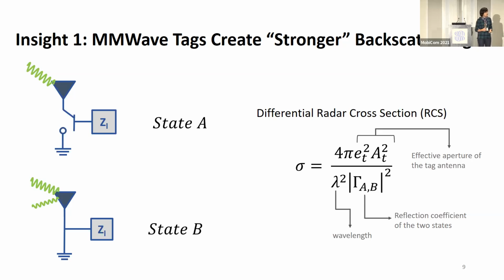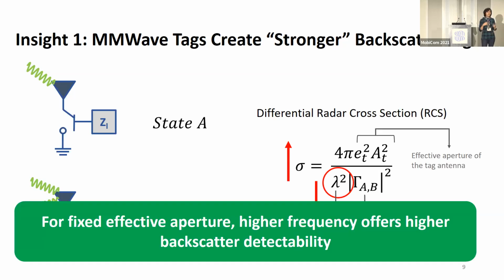If you look at the formulation for differential RCS, you see that it's inversely proportional to the wavelength, meaning that if we can keep everything else in this formula fixed by just going to higher frequencies, like smaller wavelengths, we can actually increase the tag detectability. So at least so far, theory is not against us.